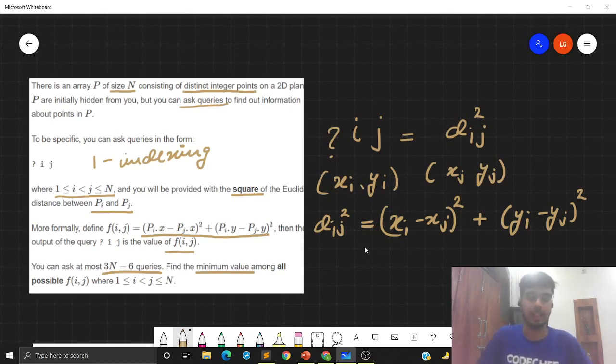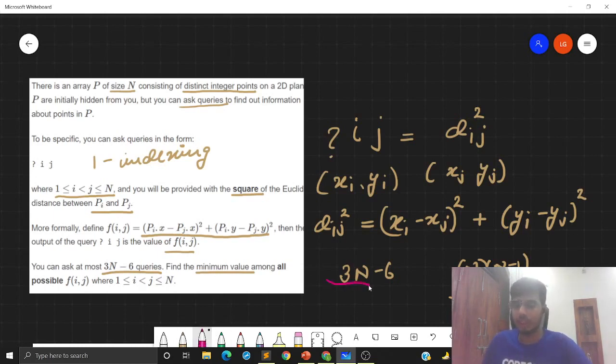So basically, indirectly, we can ask the distance of 3n minus 6 pairs of points, and we want to find the closest pair of points among the possible n times (n minus 1) by 2 pairs of points. This is the total number of possible pairs, n choose 2. However, we cannot ask that many queries. We can only ask 3n minus 6 queries, and we want to figure out the closest pair of points.